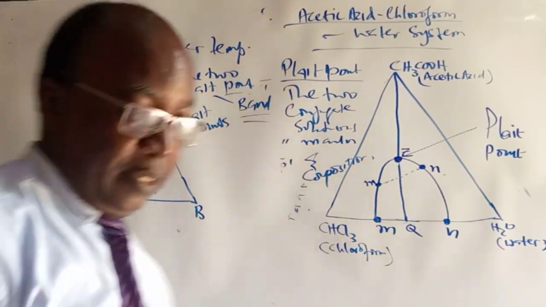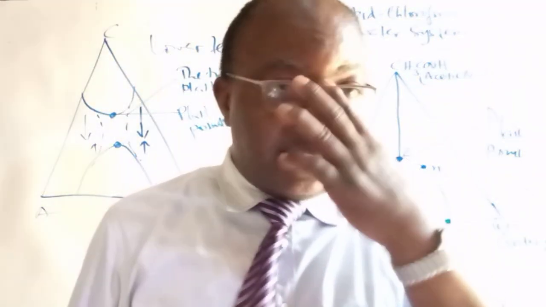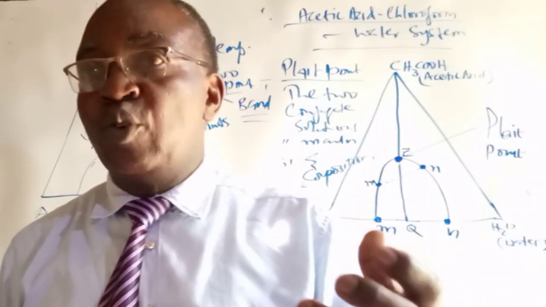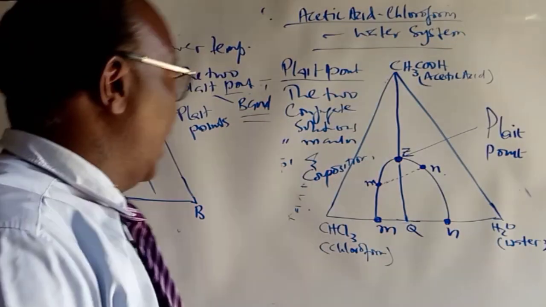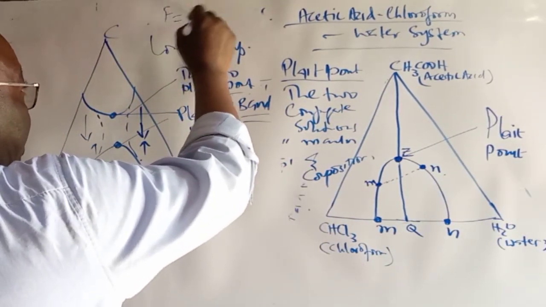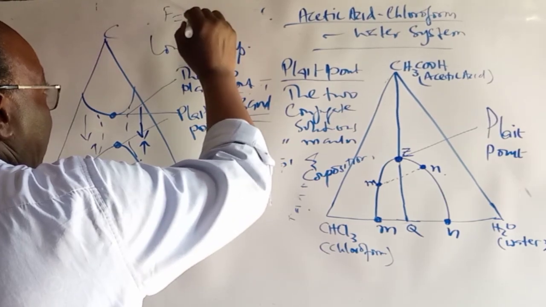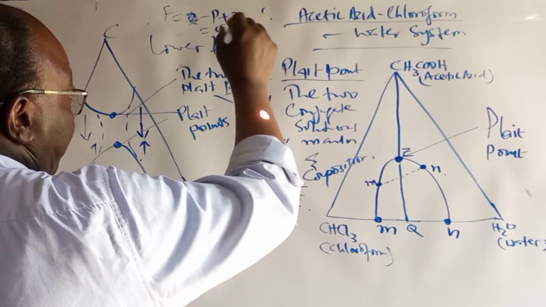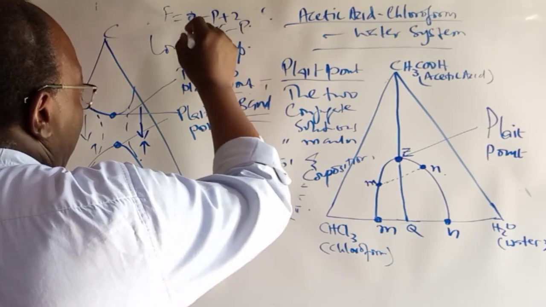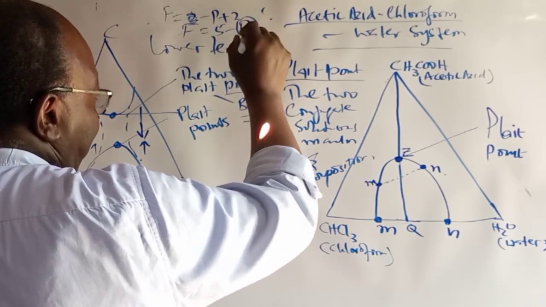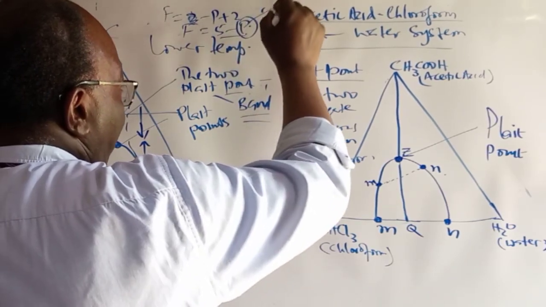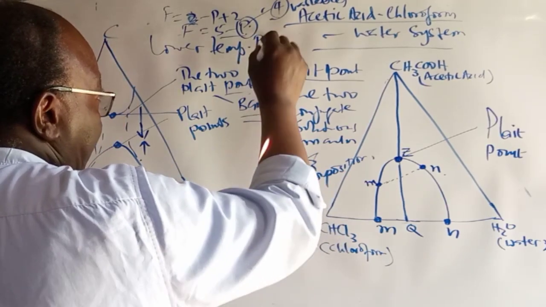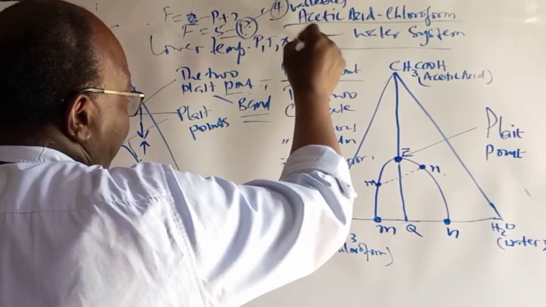In summary, first, you must know what kind of phase rule you're dealing with. We are dealing with a phase rule where we have three components, and F equals C, that is three components, minus P plus 2, that is 5 minus P. Even if you had one phase, it means you have 4 variables: pressure, temperature, mole fraction of 1, and mole fraction of 2.